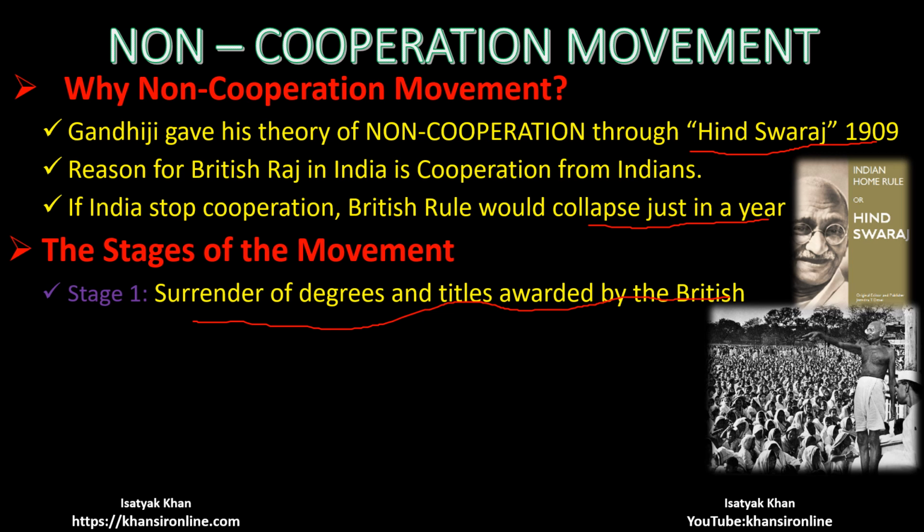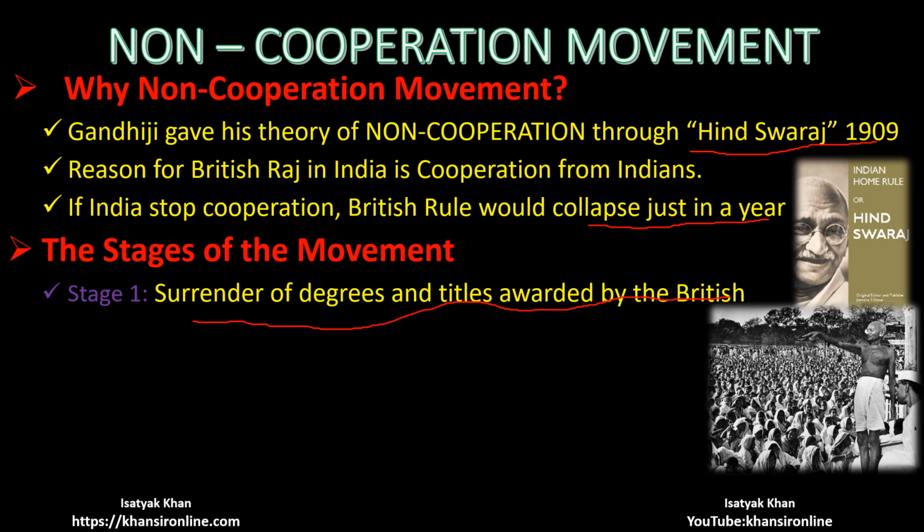Some Indians were given the title of Rai Bahadur, some were given the title of Sir, some were given knighthood. Those Indians who received these titles were the celebrities of that time.